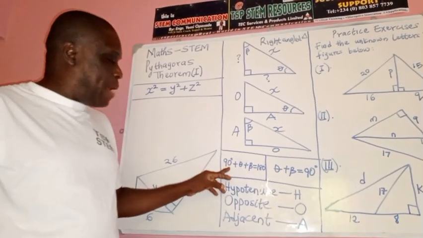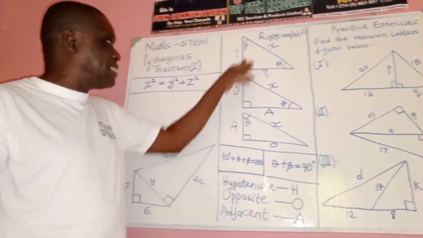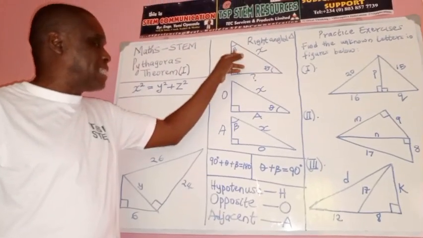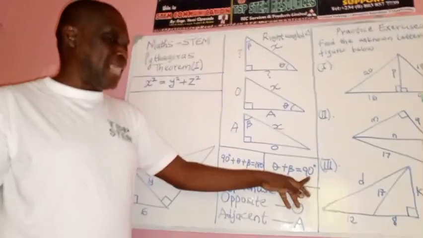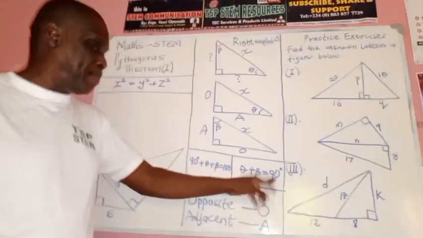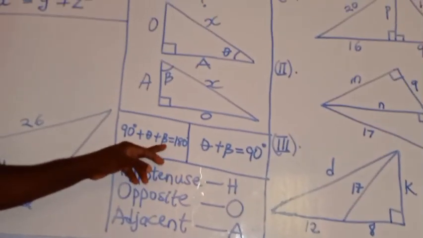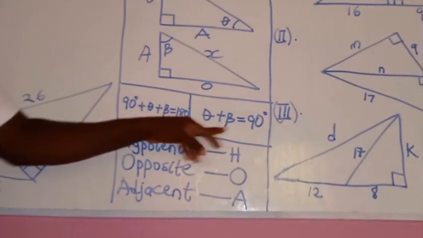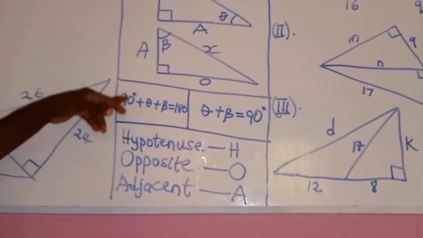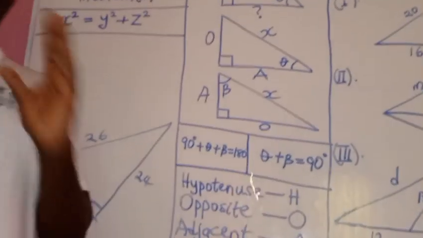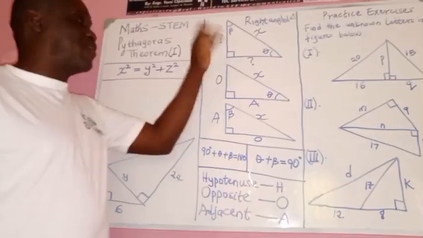And since one of them is already 90, it means that theta plus beta must be what? 90 also, because 90 plus 90 gives us 180. So theta plus beta is 90. You need to get that right. The sum of the angles of a triangle is 180 degrees.